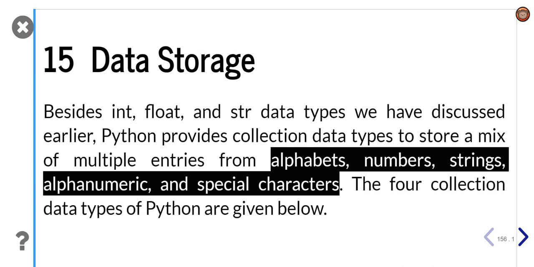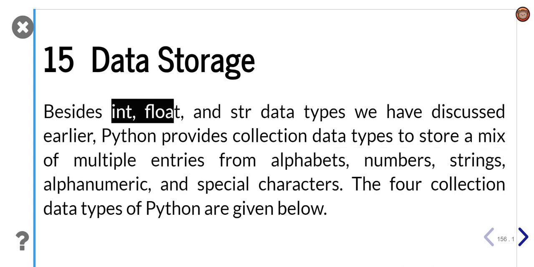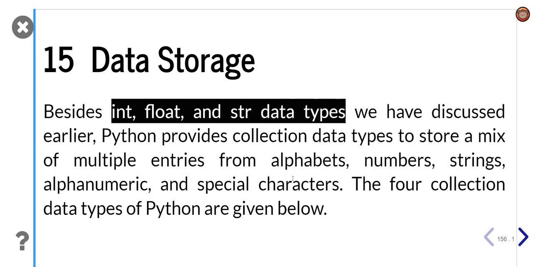Whenever the question asks you to list the collection data types, your mind should immediately come to this: there are actually four collection data types. Take note that integer, float, and string are also data types, but they are not known as collection data types.